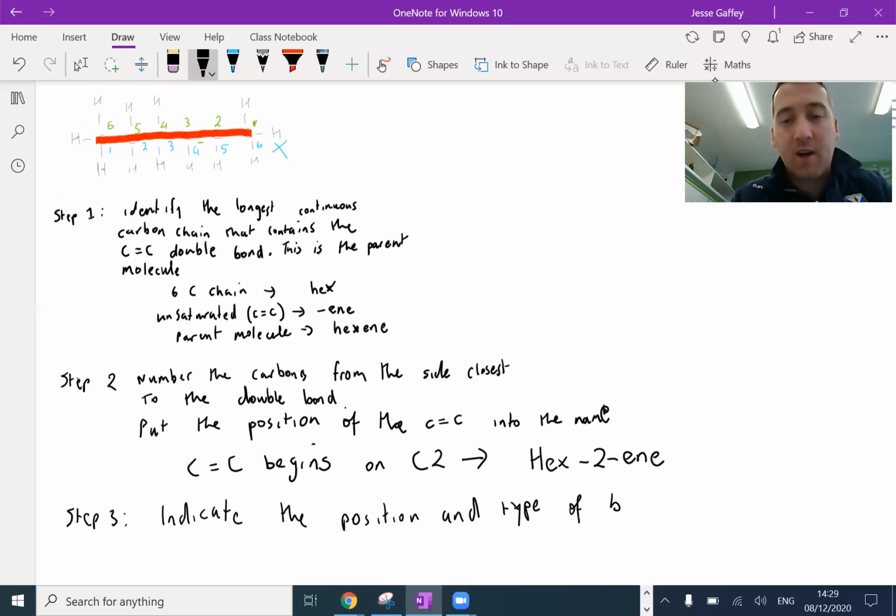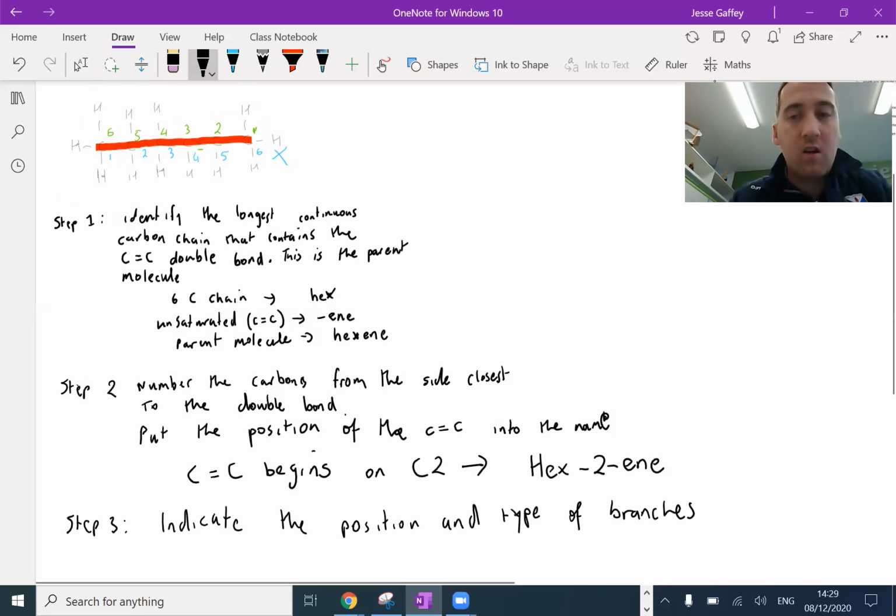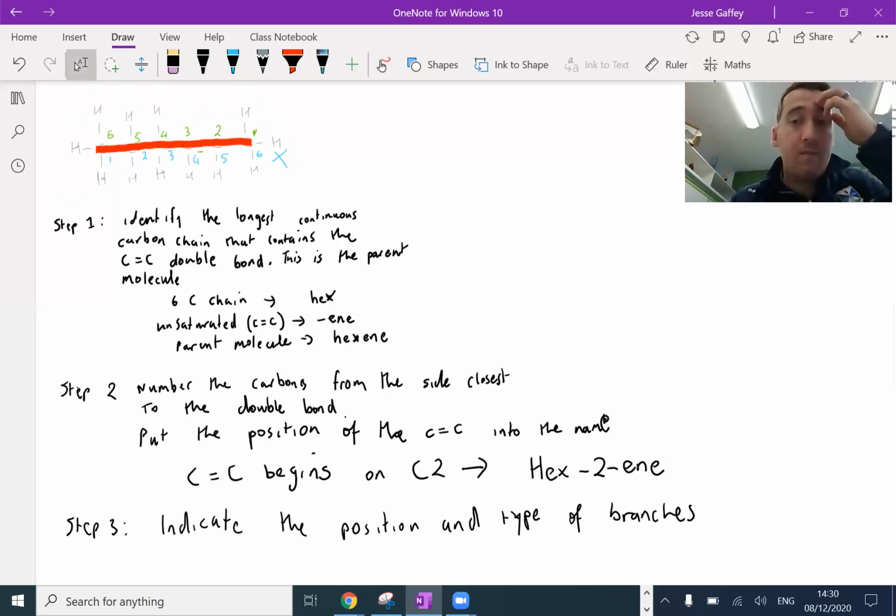So if there are any branches, and there are not any branches in this molecule, but if there were, then we would indicate their position. Okay, so I've done quite a difficult one there.